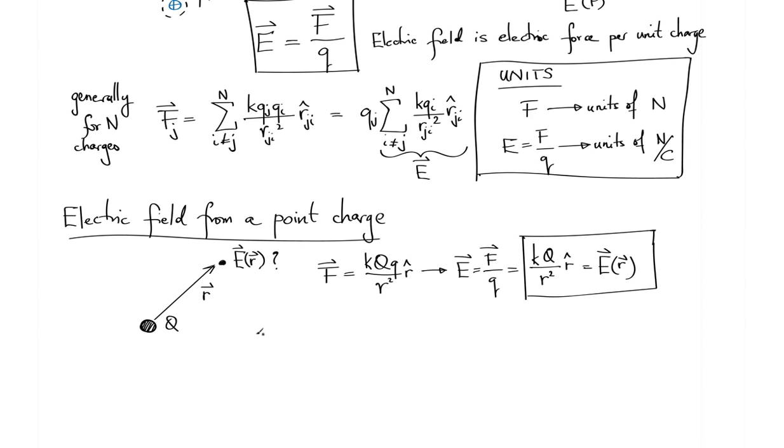So if we were going to plot out what the electric field looks like from this point charge, over here, oops, it's not very straight, we would have a series of vectors. So the electric field would be coming radially out from the point charge like this.